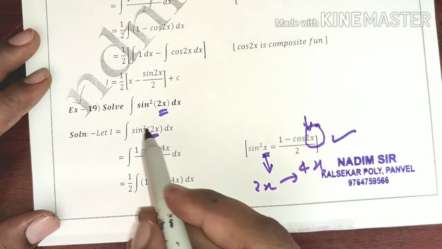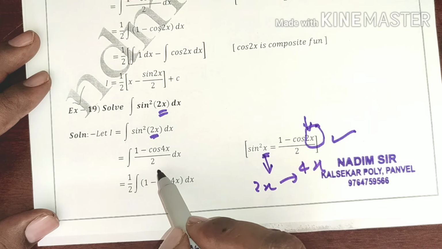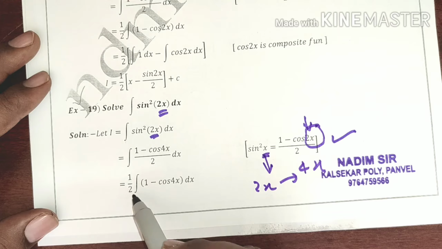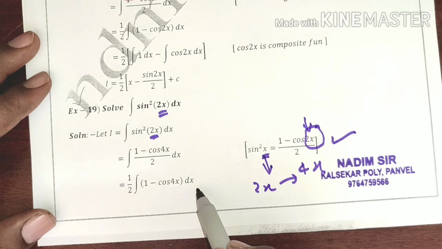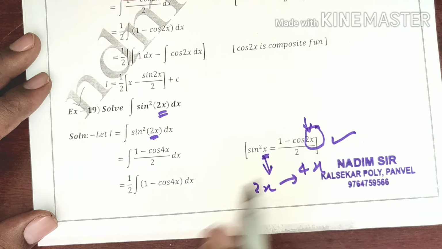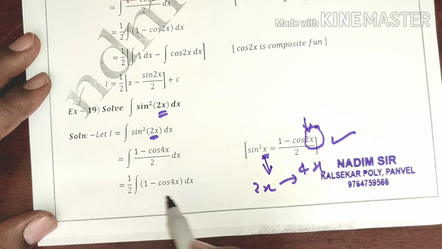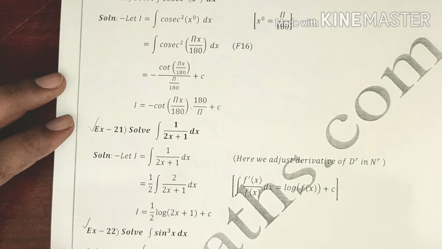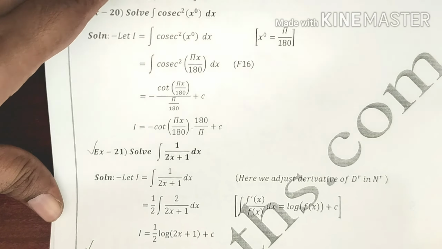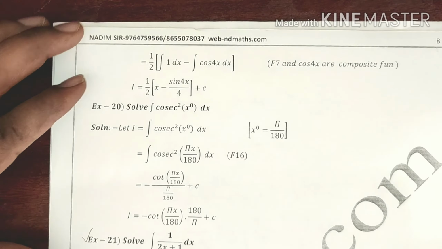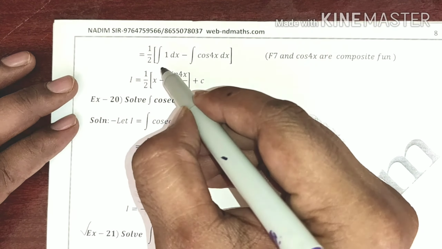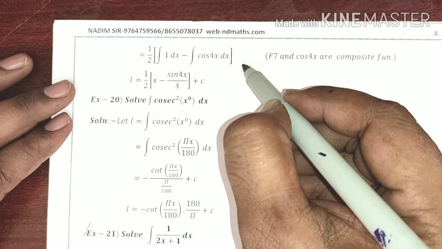So that's why we write 1 minus cos 4x divided by 2. This 2 will be outside the integration. Integration of 1 minus cos 4x dx. After that we separate integration of 1 dx minus integration of cos 4x dx.